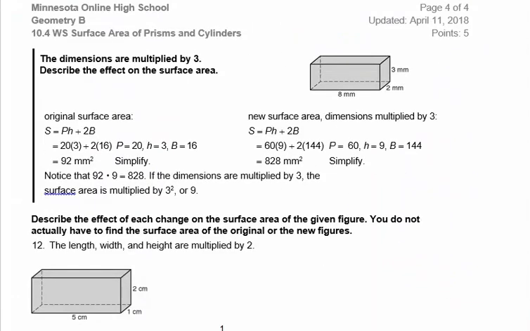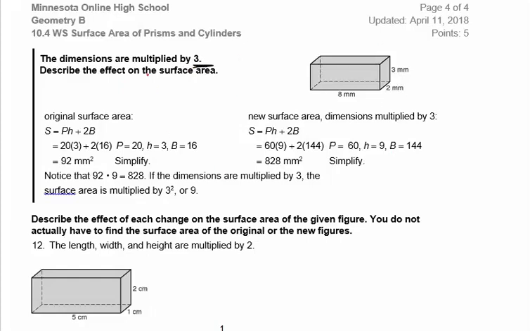It is not hard, but you do have to remember this. We have been working on this for months. If you change the dimensions of a figure, how does it change the area? You should know this from last chapter. It changes the area by that amount, that factor squared. Same thing for surface area, as you would expect.